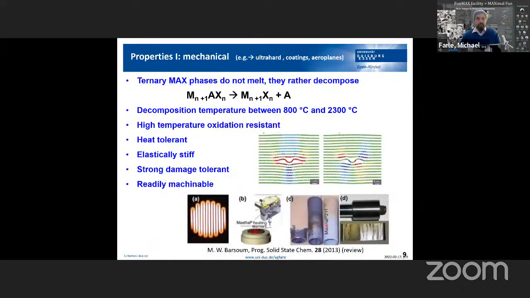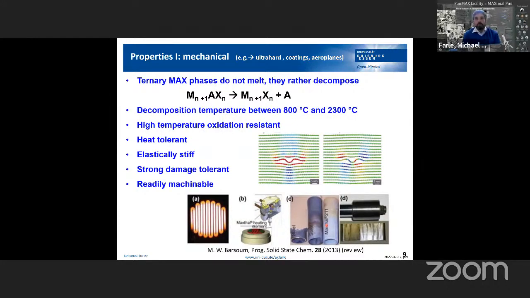So let's go here to the mechanical properties. That's why the engineers got interested in that. These MAX phases are ultra hard. They are used as coatings because they contain a lot of carbon and 3D elements. They are lightweight.